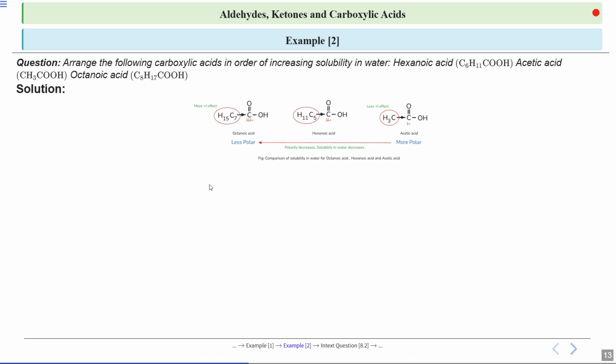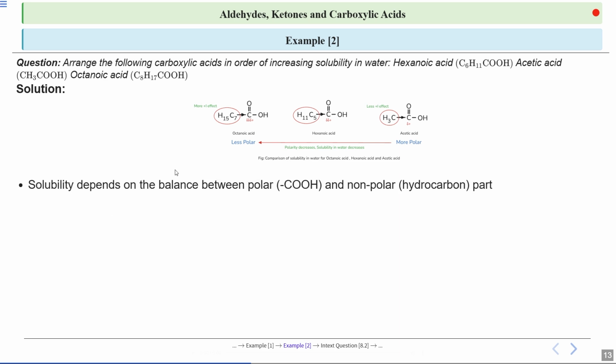If we move forward, we will see that the solubility depends on the balance between the polar carboxyl group, which is COOH, and the non-polar hydrocarbon chain in an acid. So there should be a balance between both the groups. Further, the principle of like dissolves like is very important here.